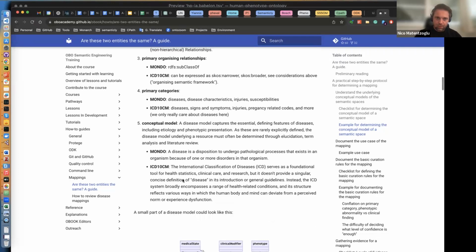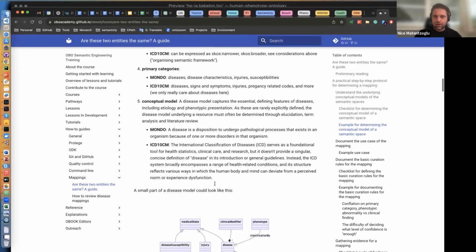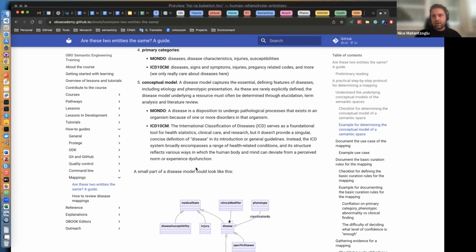We've talked about the primary organizing relationships, the categories as well, and the conceptual model. After a little bit of research, you find that in ICD-10 there is no very strict commitment to a specific model.